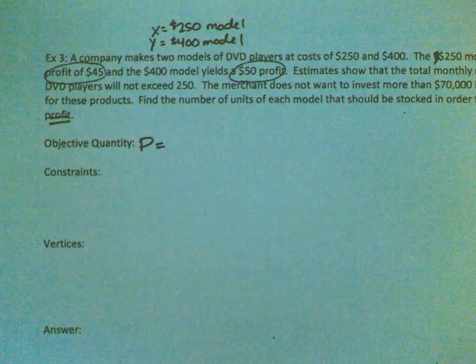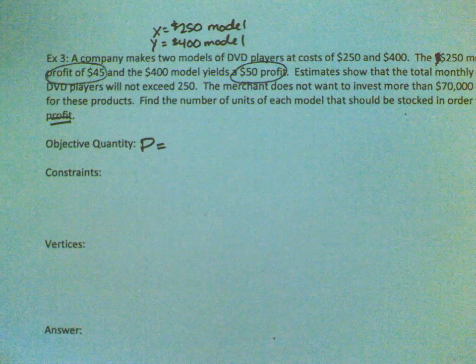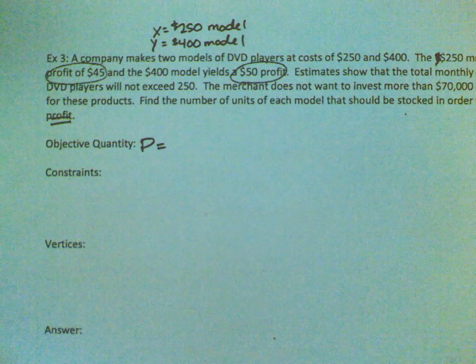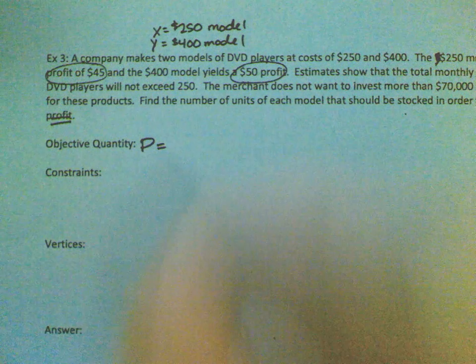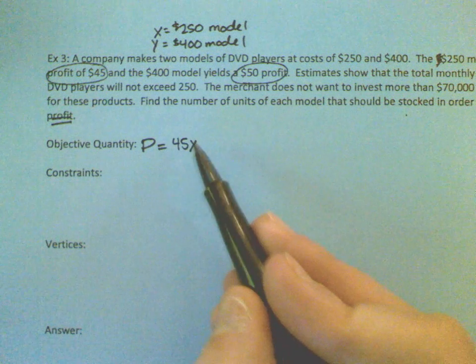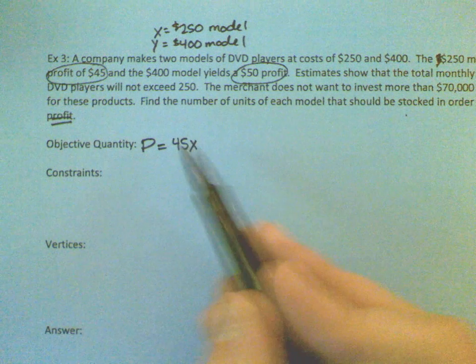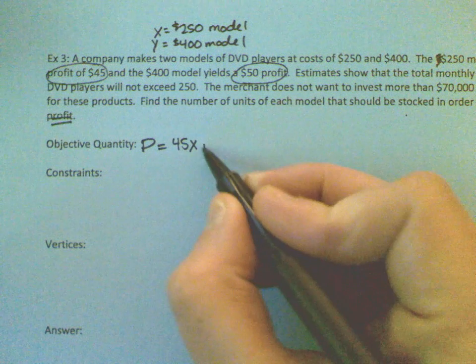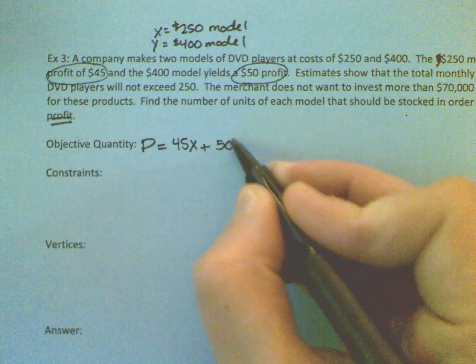Thank you. So what kind of profit do you make for objective quantity on the $250 model? 45x. So if I sell one of those, I get $45. If I sell two of those, I get $90. If I sell 10 of those, I get $450. And what about for the $400 model? $50. 50y.